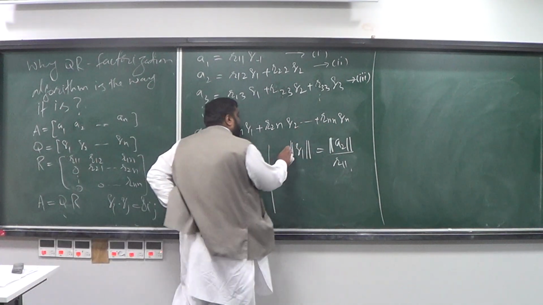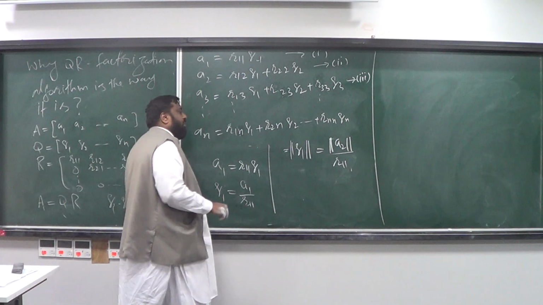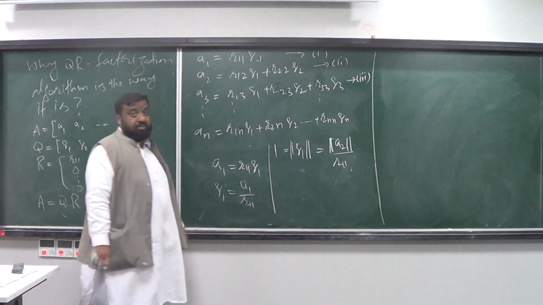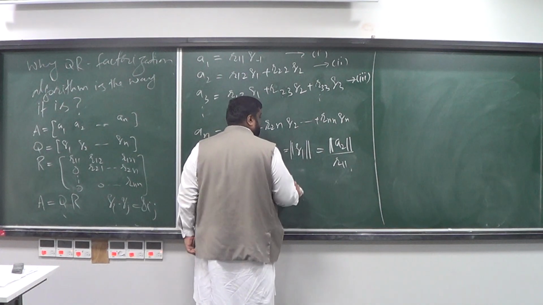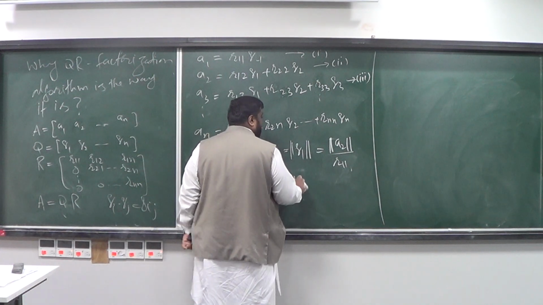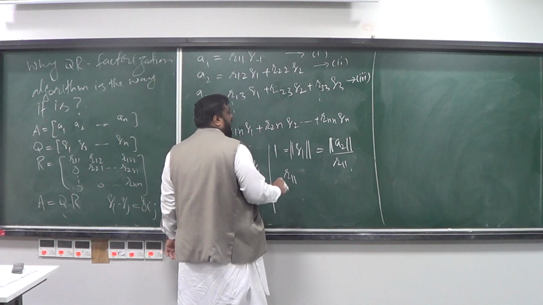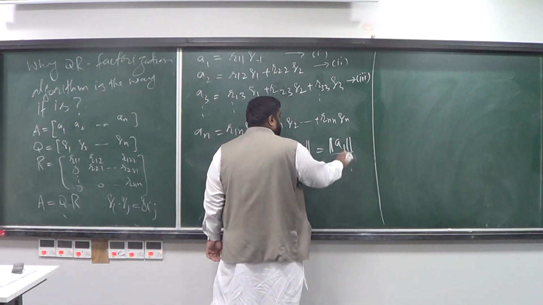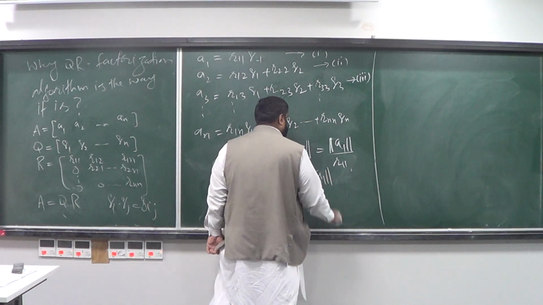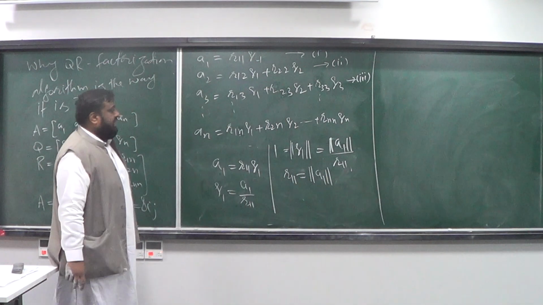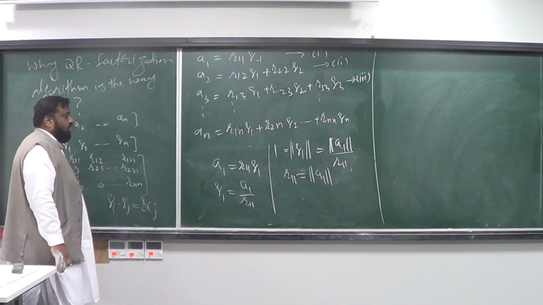Now I know about the vector Q1 that it's an orthonormal vector, so its magnitude must be 1. And if this is the case, from this equation I can deduce that R11 is equal to the magnitude of A1. This is what you also get.